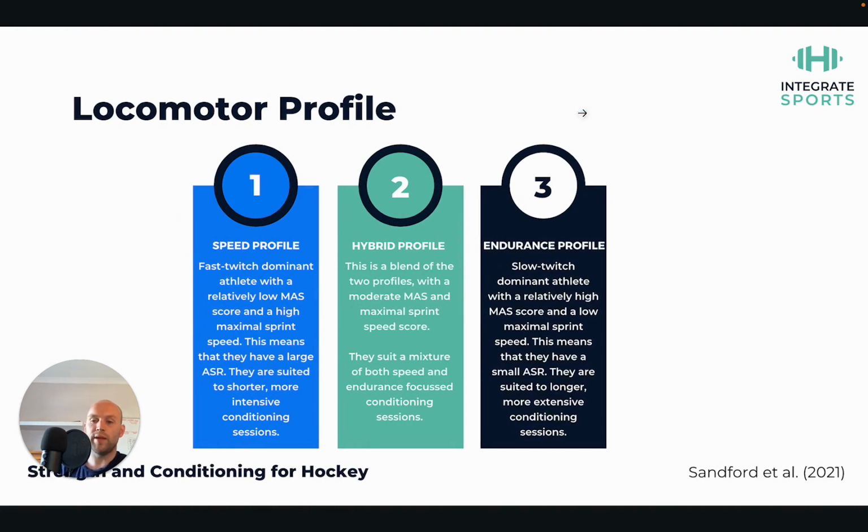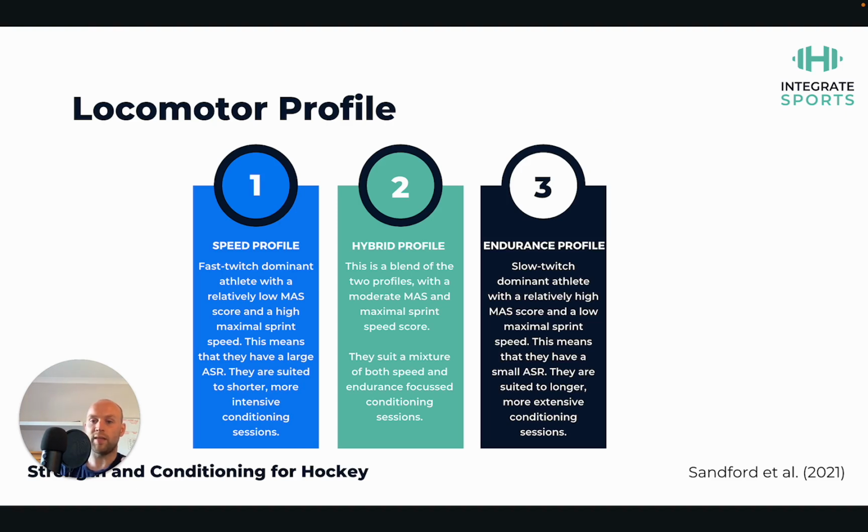One way we can do this is based around Sanford's work, and he essentially came up with three key profiles. One's called a speed profile, one's called a hybrid profile, and one is called an endurance profile. The speed profile is essentially a fast twitch dominant athlete with a relatively low mass score and a high maximal sprint speed score.